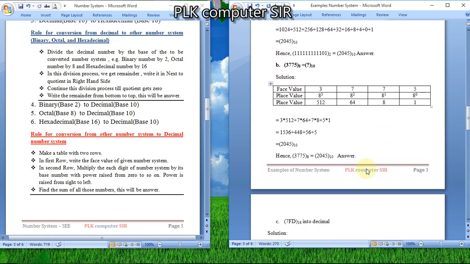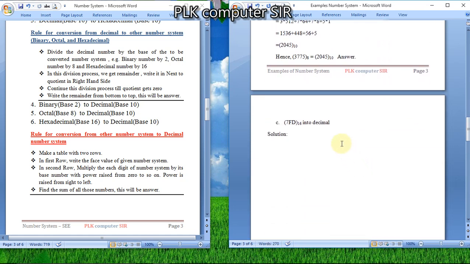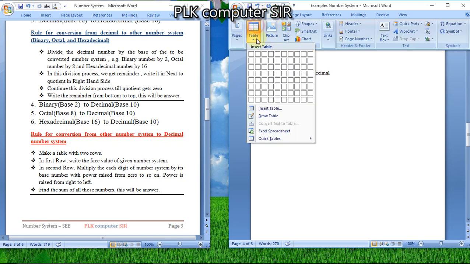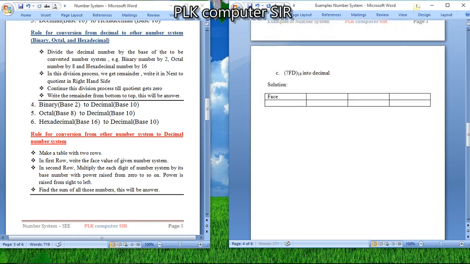Now the third one. 7FD into decimal. For this, we have 3 digits, so we have to make 4 columns, because one for face value, another for place value, but one more for the place value base.